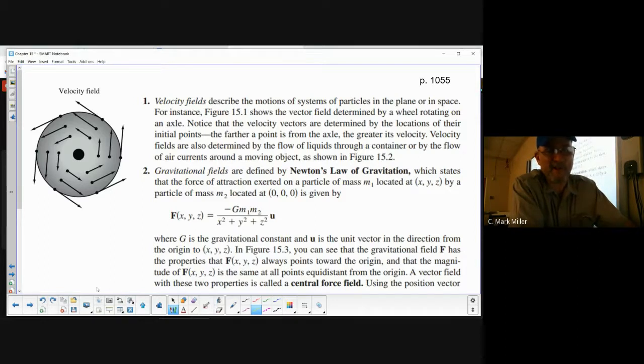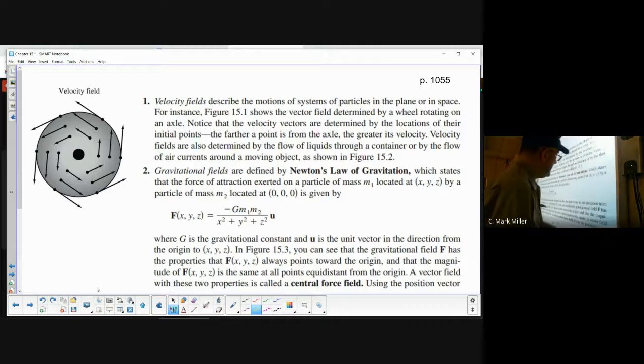Okay, lots of small stuff, right? Not just satellites, by the way. At any point you pick around the center of mass, there is a vector associated with it. And it looks like the further you go out, the longer the vector.